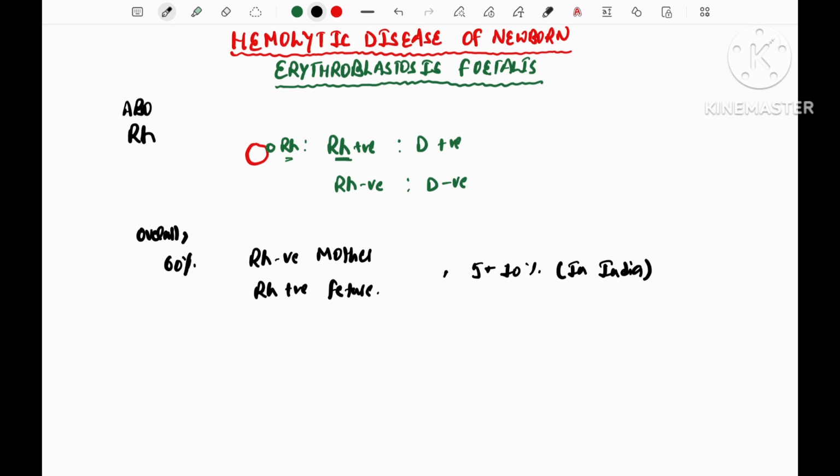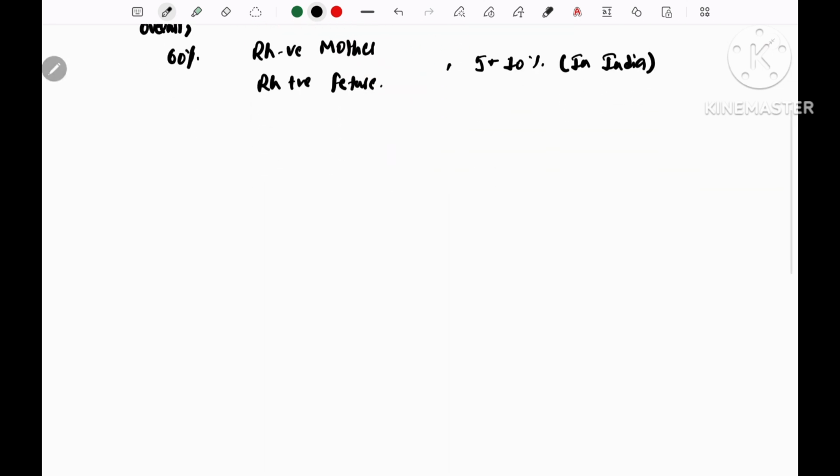It is similar in the case of this hemolytic disease of the newborn. Here the female is Rh negative and the fetus is Rh positive.